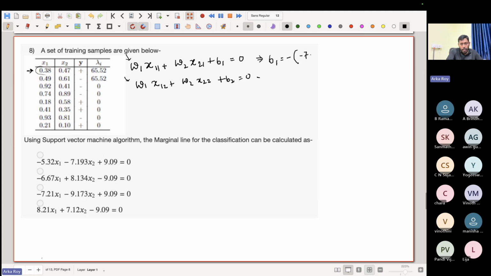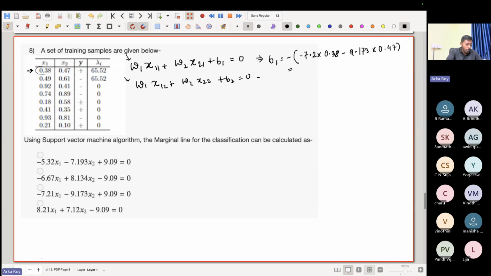So W1's value is minus 7.2 multiplied with 0.38. And then what we have over here is W2. So the value of W2 is how much? The value of W2 is 9.17 multiplied with X21. So X21 is 0.47.